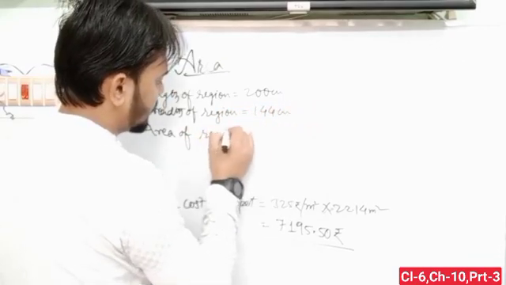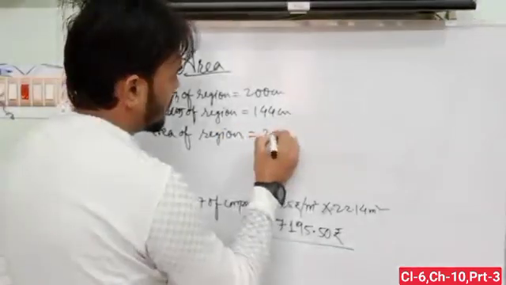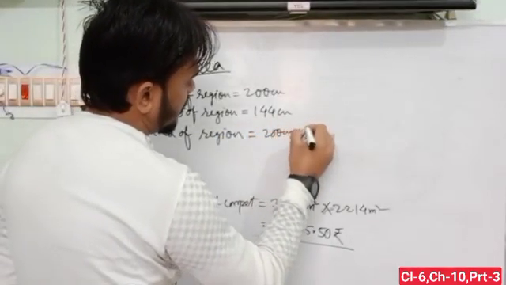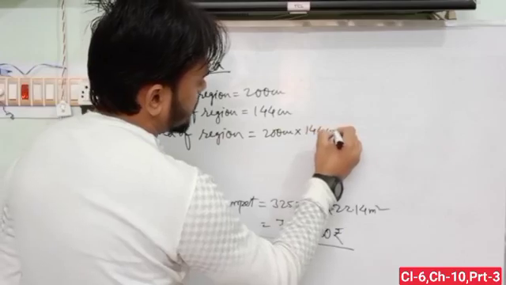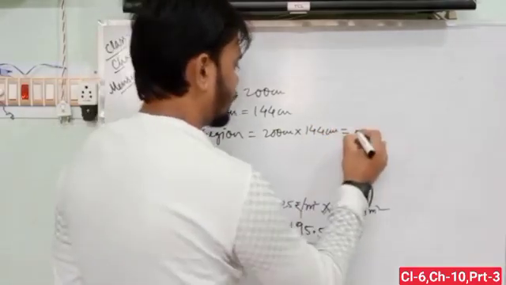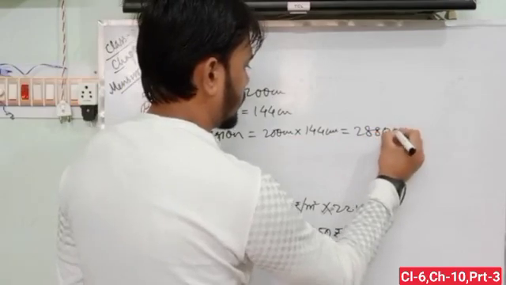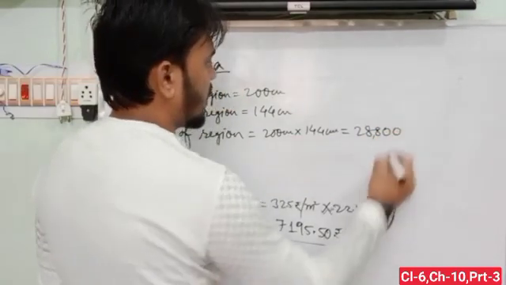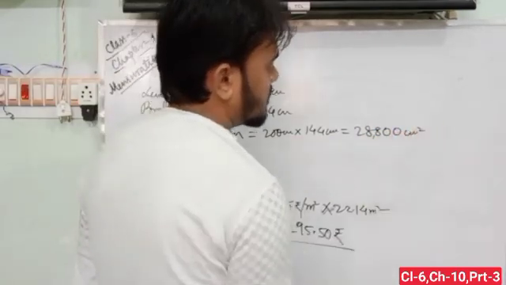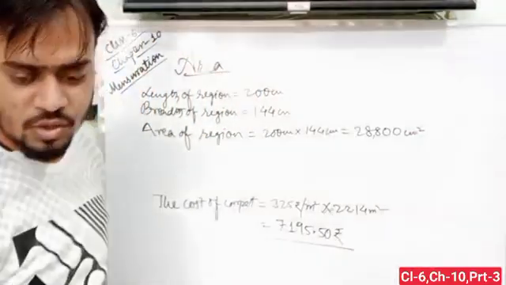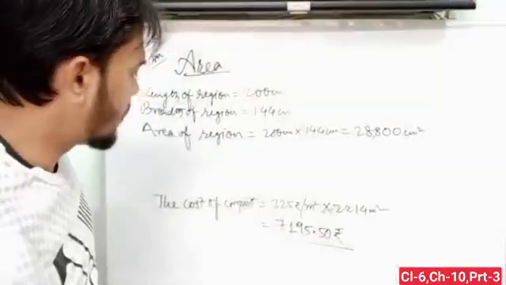So area of this region is 200 cm into 144 cm, equal to 28,800 centimeter square. And the dimensions of the tiles are also given.